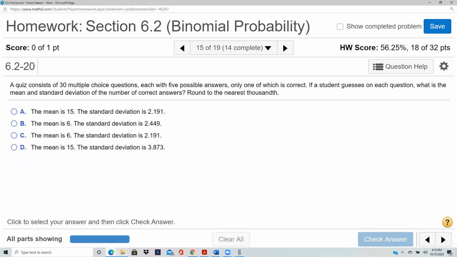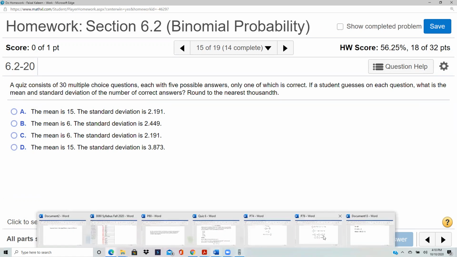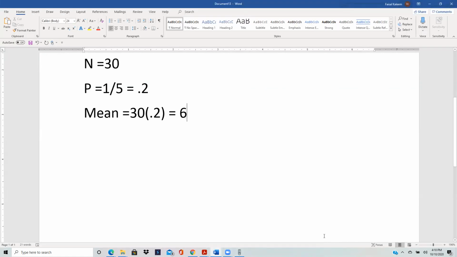So standard deviation will be the square root of the variance, and we know that the variance is np times 1 minus p. So 30 times 0.2 times 1 minus 0.2.